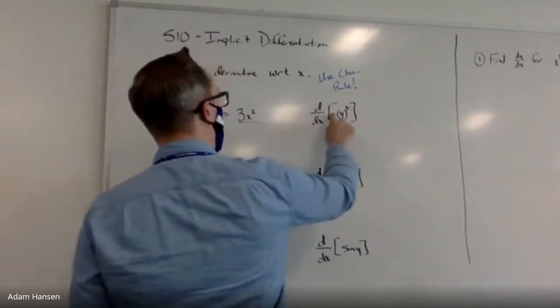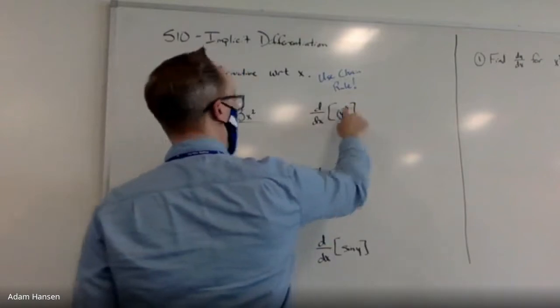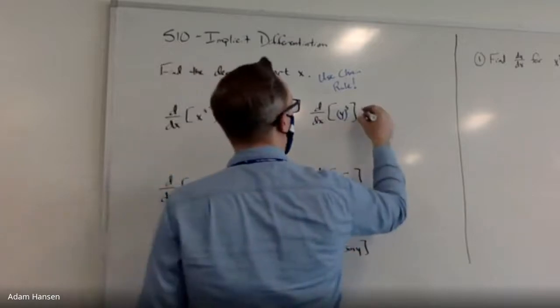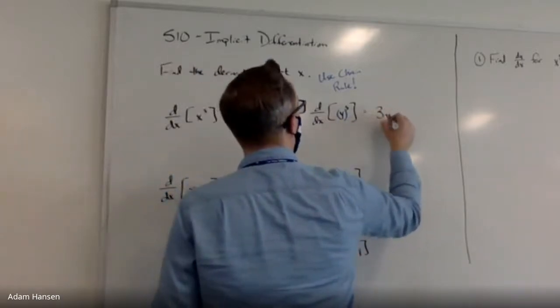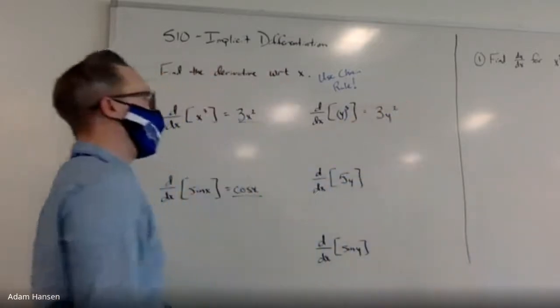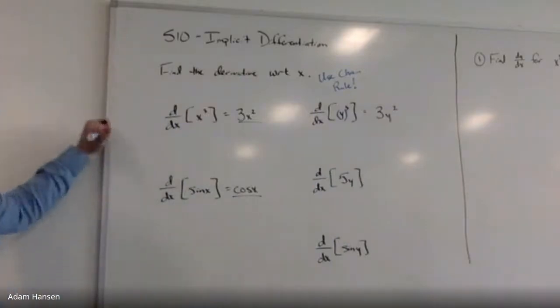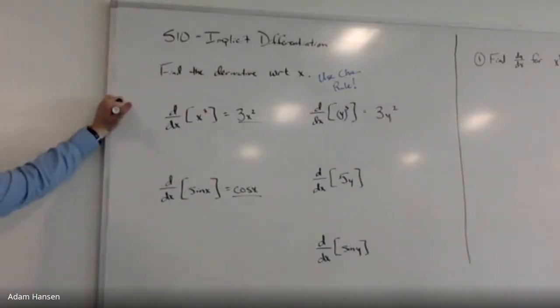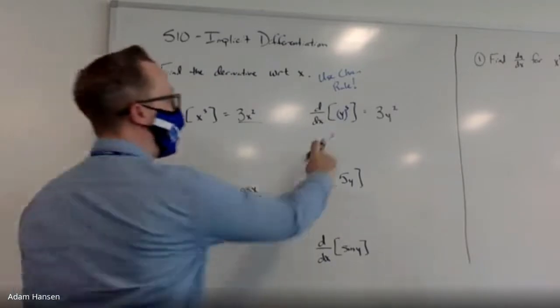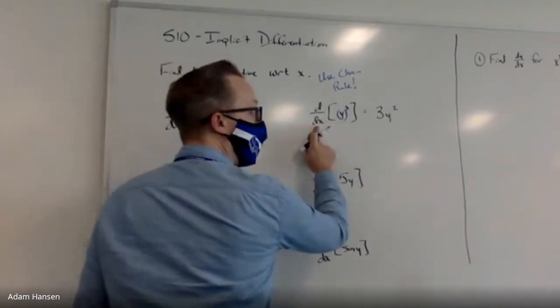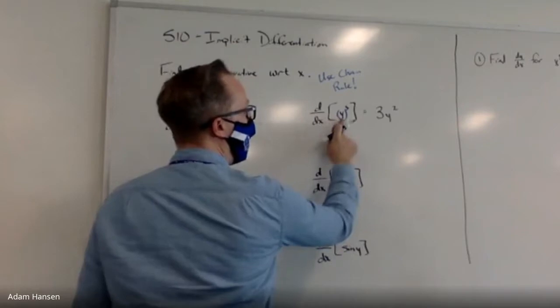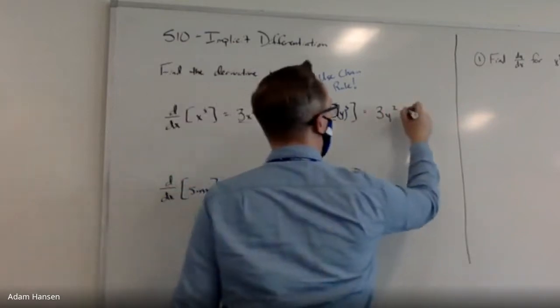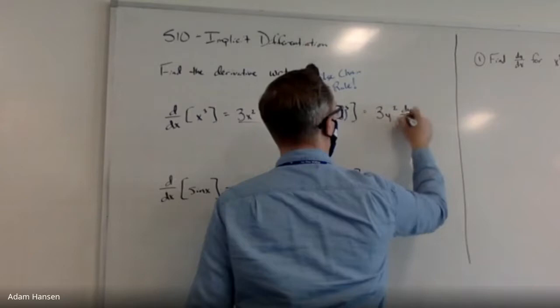Bring down the 3, then it's y to the second power. So that's part of it. According to chain rule, what else do I need to do? Derivative of the inner function. Well, I'm going to use notation for the derivative of the inner function as the derivative of y with respect to x. The derivative of y with respect to x is simply just dy dx.